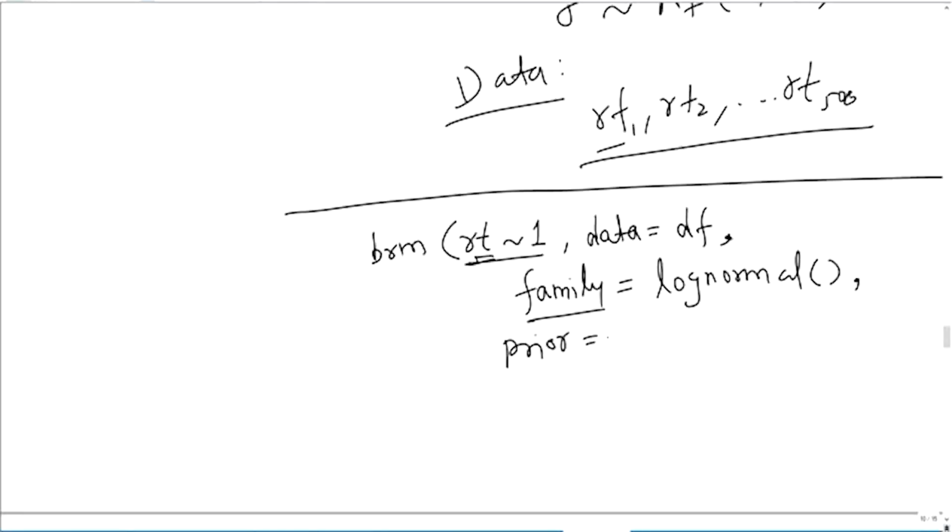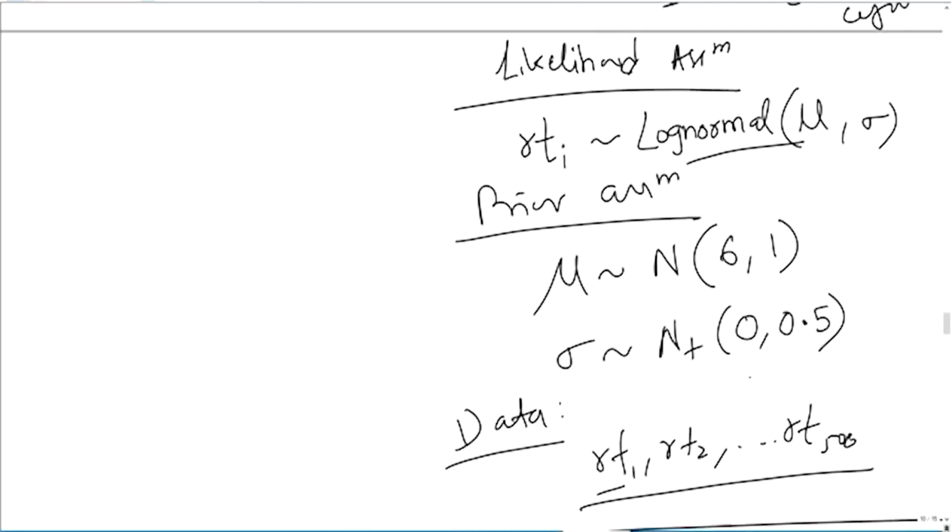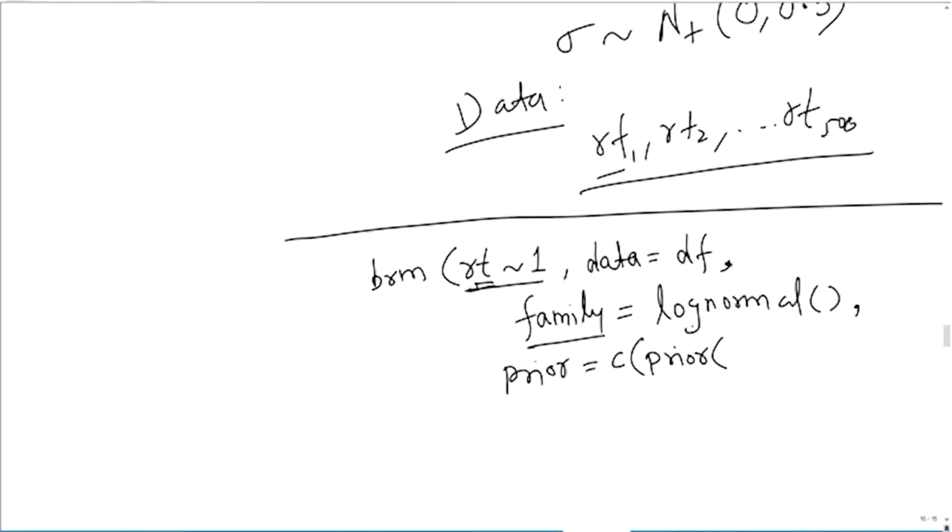So prior equals concatenate prior. The first prior that we want to define is on mu, the second is on sigma. So here you can write the prior that you want to define on mu. What is the prior on mu? Normal 6, 1. You'll write it like this, normal with a small n.